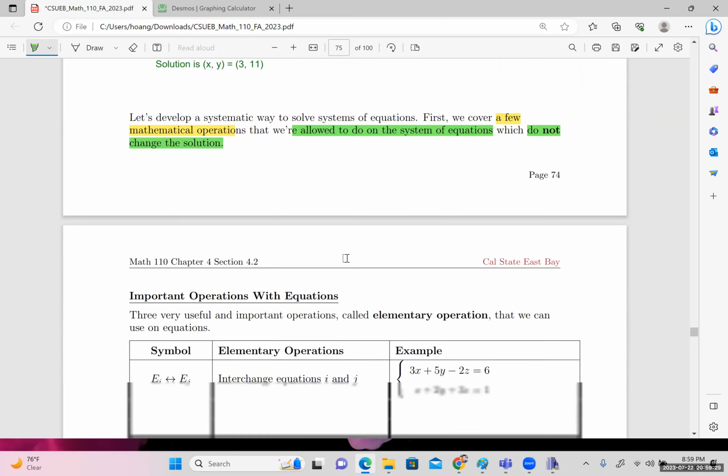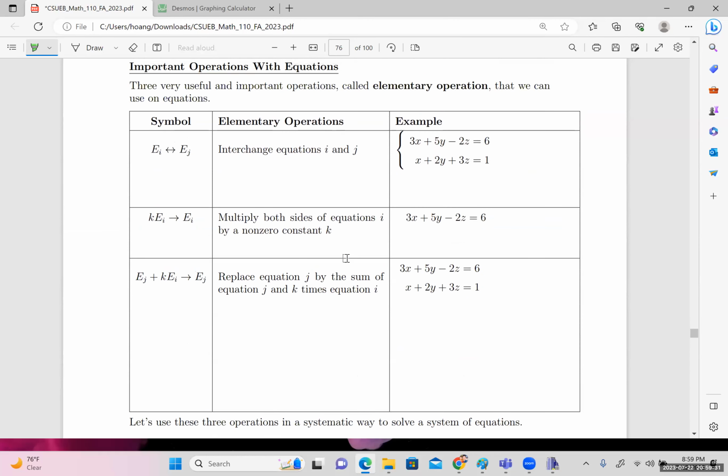So these are going to be 3 things that you may have to remember. We call them important operations with equations, 3 very useful important operations called elementary operations, that we can use on equations.